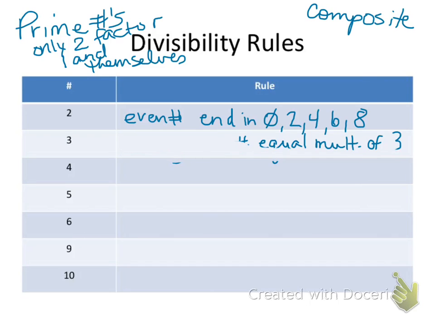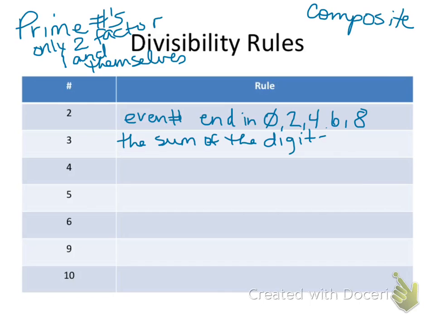I'm going to erase this and start over. The sum of the digits of the number is divisible by 3.